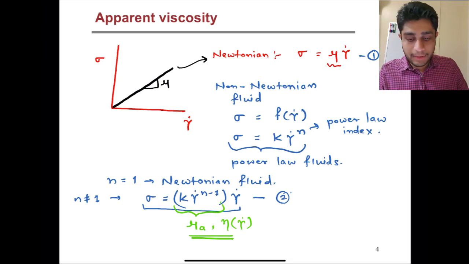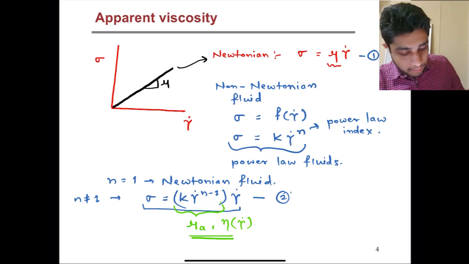But since understanding things through Newton's law of viscosity is easier, we just rearrange these terms so that this apparent viscosity can tell us something about the flowability of that fluid.